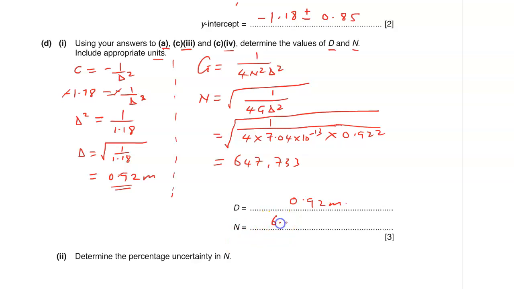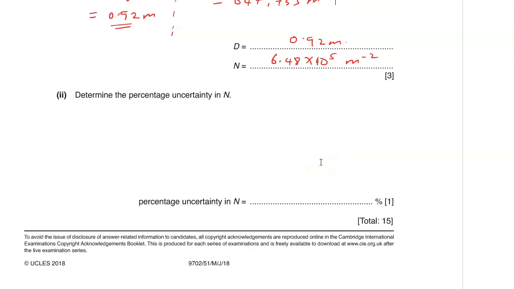So you write this as 6.48, given to 3 decimal places, because all these are 3 decimal places, times 10 to the power 5, and this is per meter squared. Okay, work out the unit from this. This is per meter squared. There you have part 2.